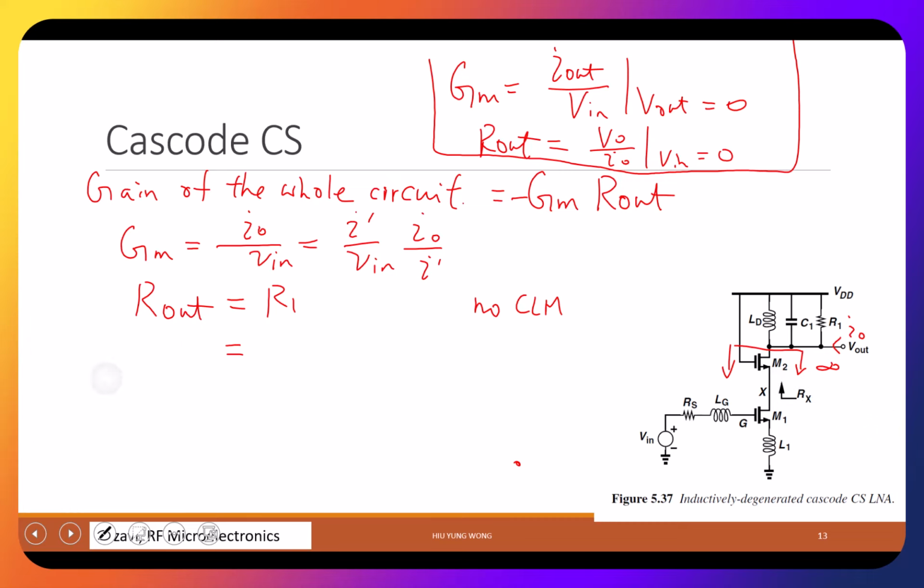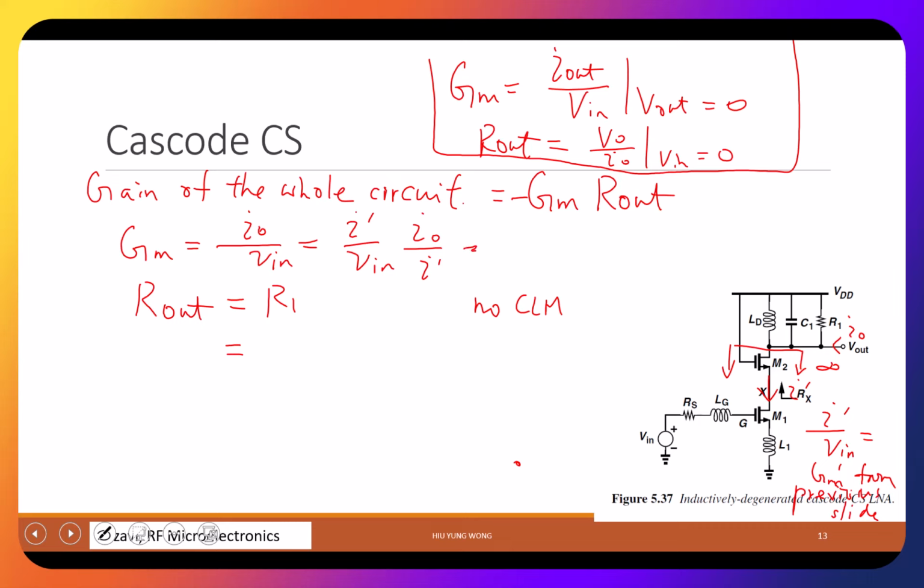This I dash divided by V in is equal to the GM dash from the previous slide.